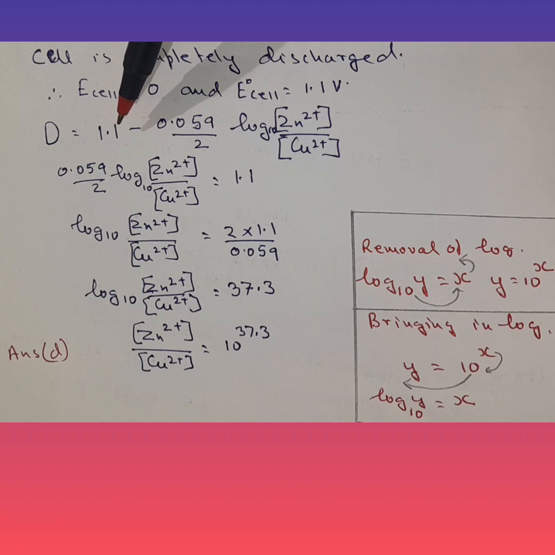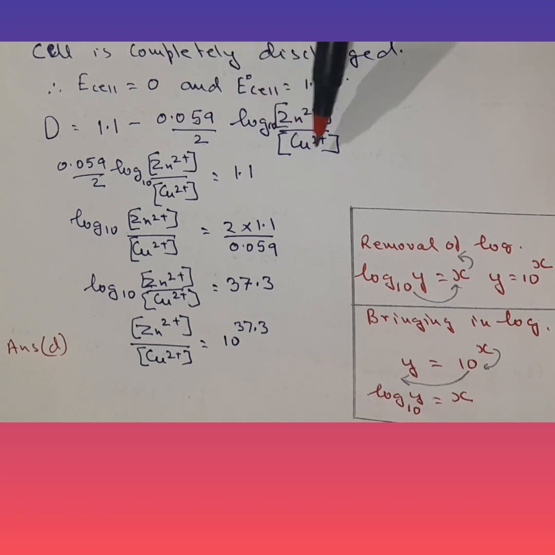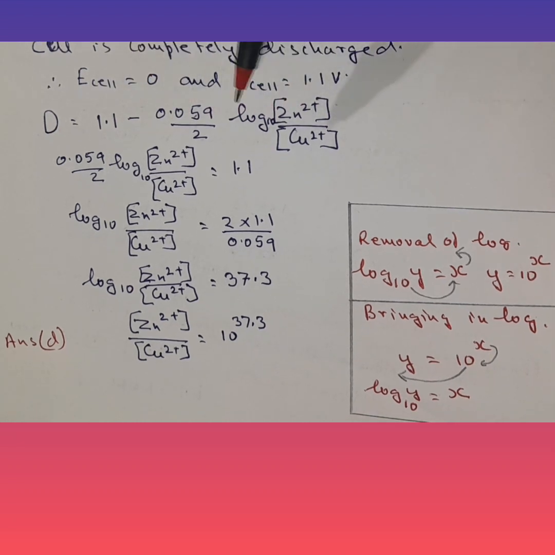E0 cell was 1.1, and this is the number of electrons exchanged. In the product we had copper as a solid and in the reactant we had zinc as a solid, which got the value of unity. So we got this setup.